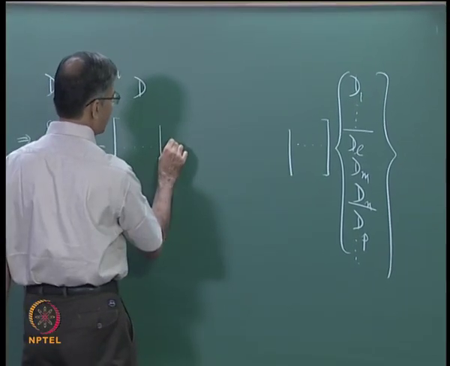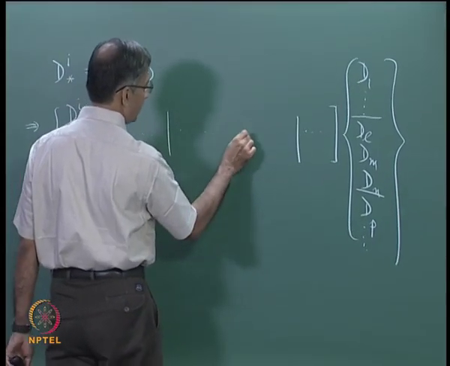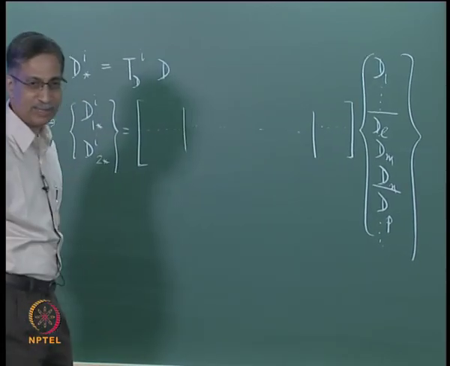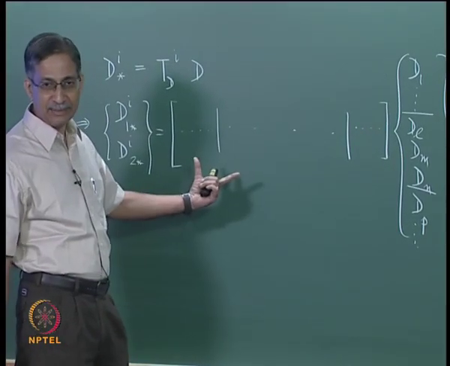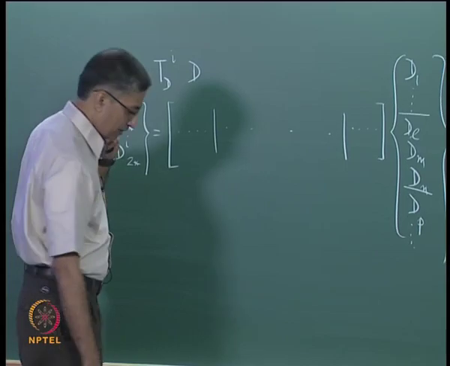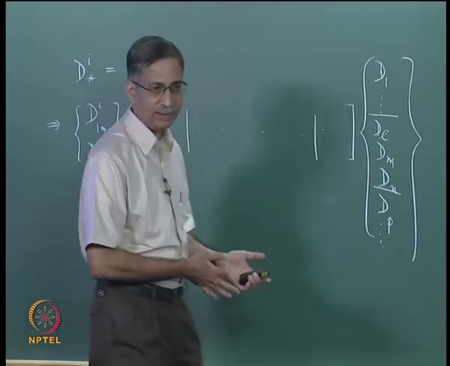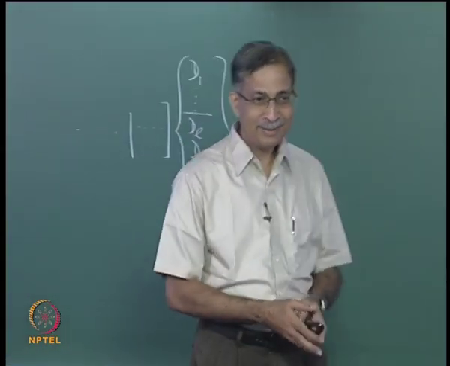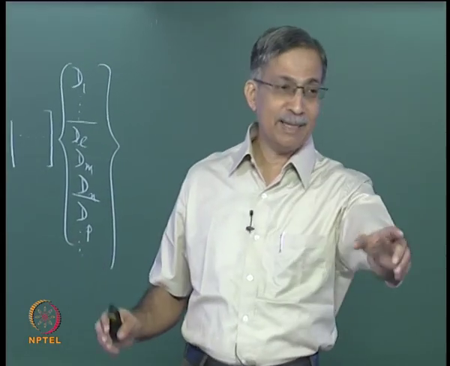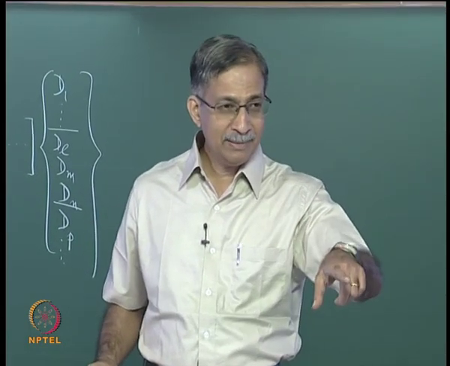You will have 4 terms, 1, 2, 3, 4. Tell me what those 4 terms are. What are those 4 terms? 1 by L, 1, 0, 1 by L. One at a time. 1 by L, 1 by L, 1, 0, 1 by L.